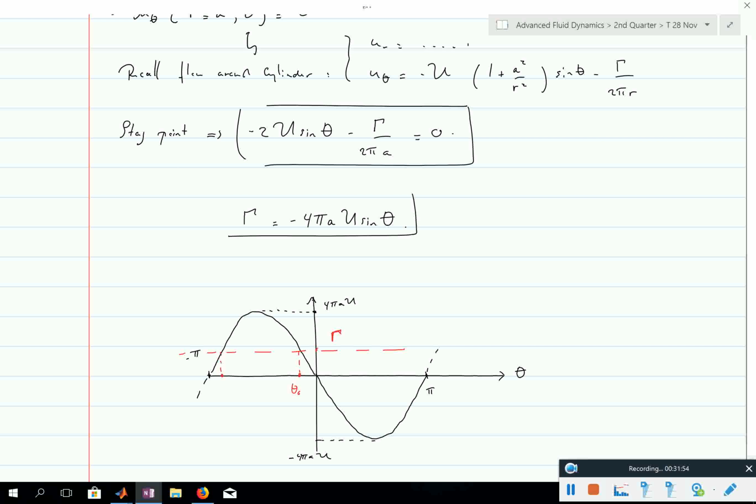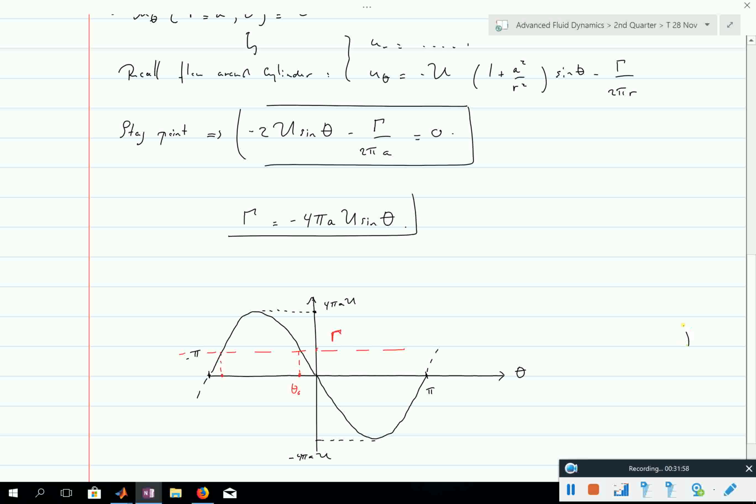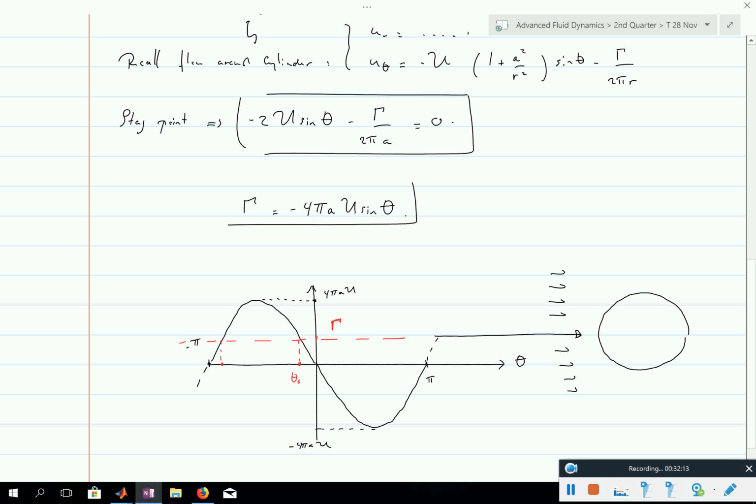So if you want to plot that, this is my circle here. If I have an incoming flow here, I have two stagnation points at a small negative theta. So this stagnation point here is a small negative theta, so it's going to be here.